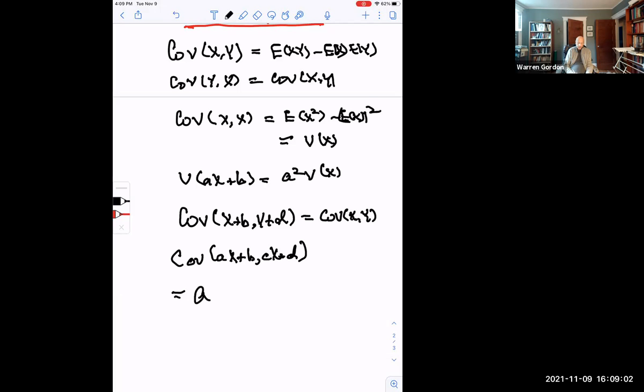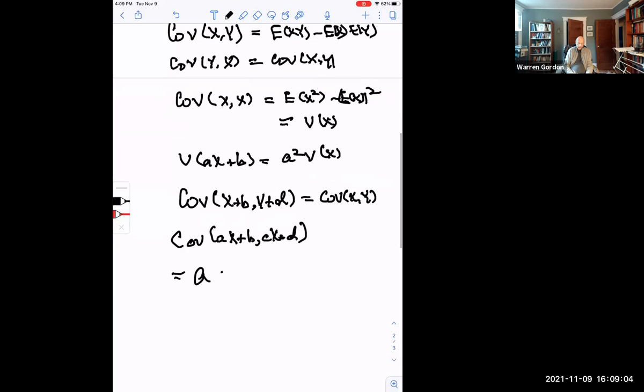Let's do it in steps. First it would be covariance of AX, CY, which gives me A times covariance of X, CY, or AC covariance of X, Y.